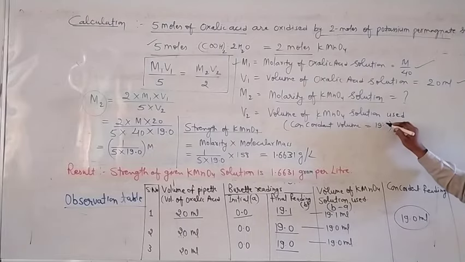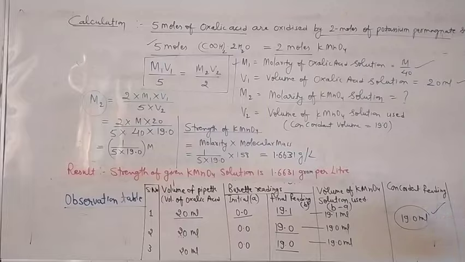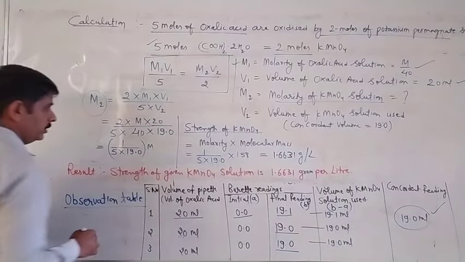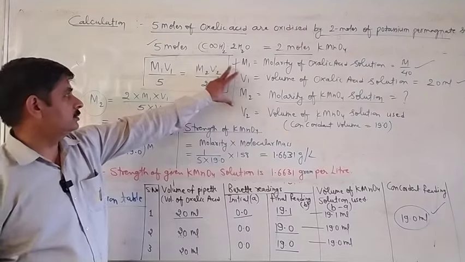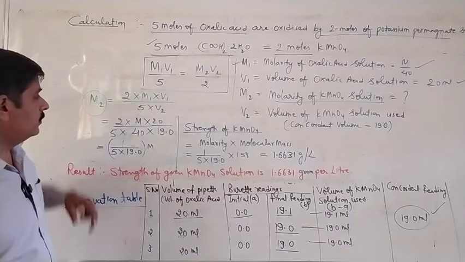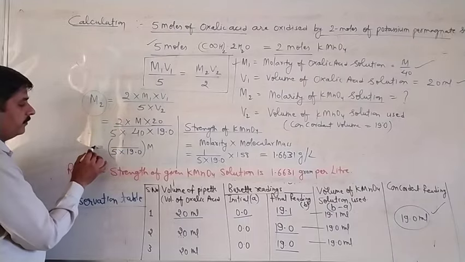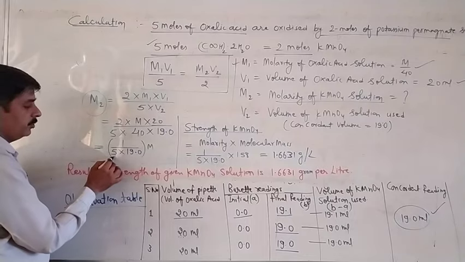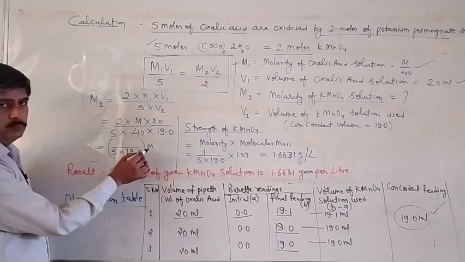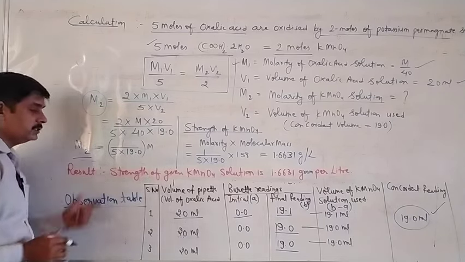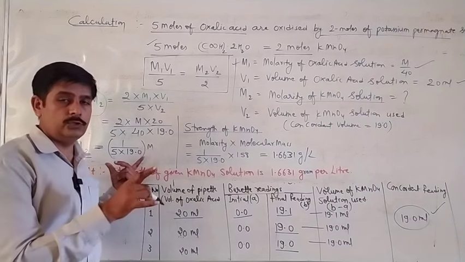It is the concordant reading, and we obtained it in this table through titration. Now we will put these values in this formula. If we put all these values, we find that M2 equals 1 upon 5 into 19.0 M molarity. So this is the molarity of the KMnO4 solution.